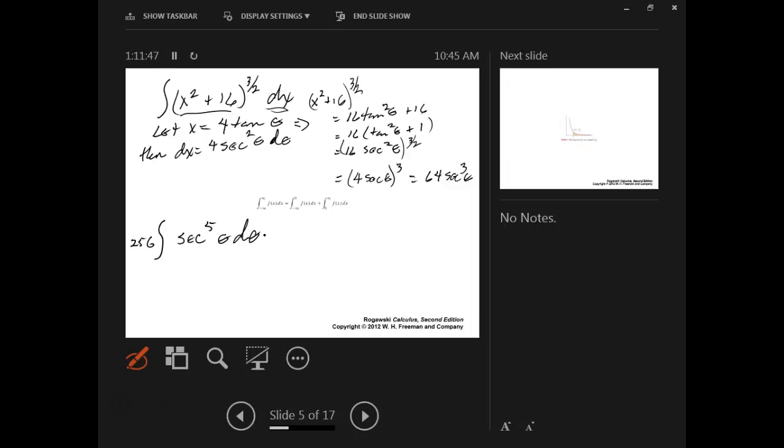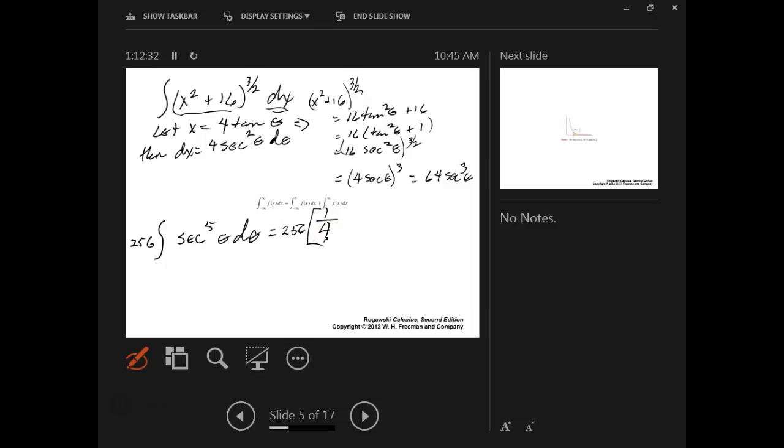So let's start working away at it. This is going to be 256 times 1 over what? 5 minus 1, which would be 4, right?